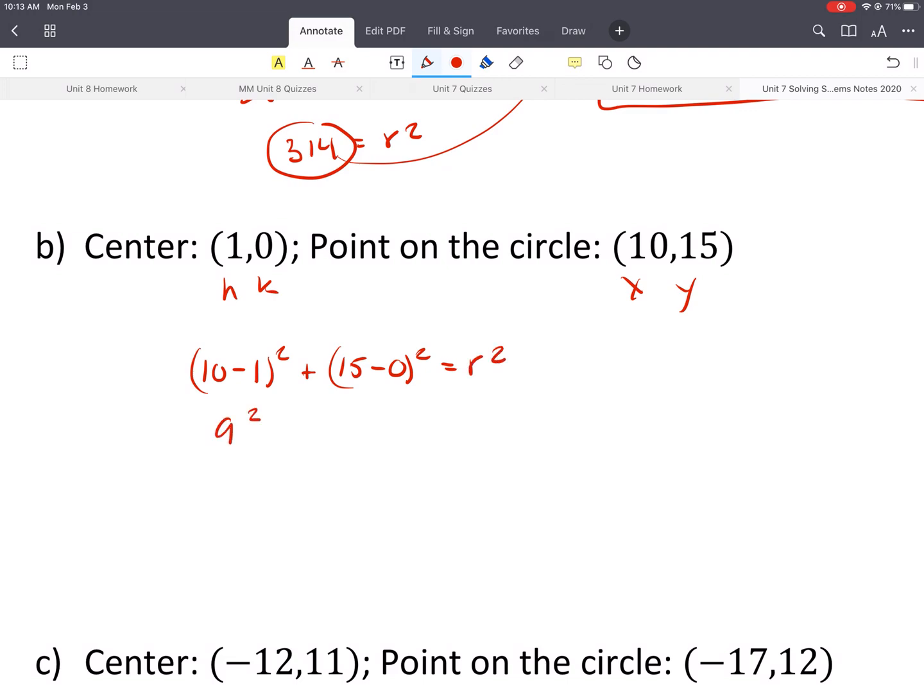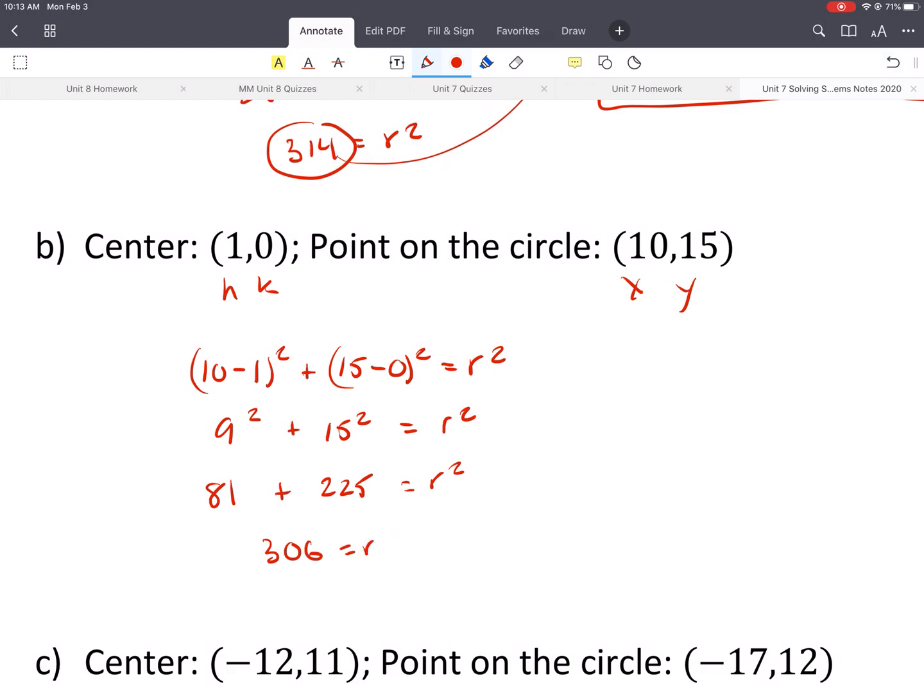So 9 squared plus 15 squared is the radius squared. 81 plus 15 squared is 225. And then add those two together. That gives us 306.